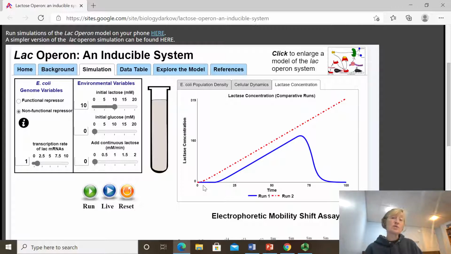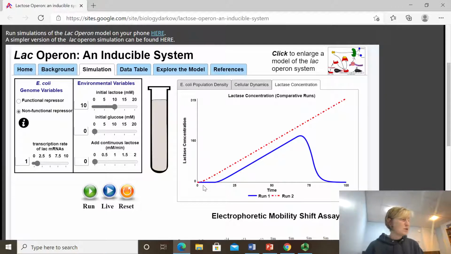When there's no lactose present, the repressor binds to the operator and shuts down the production of beta-galactosidase. When there is lactose present, then this lac repressor can no longer bind to the operator, and we make beta-galactosidase, and that's a good thing because we can break down lactose then.